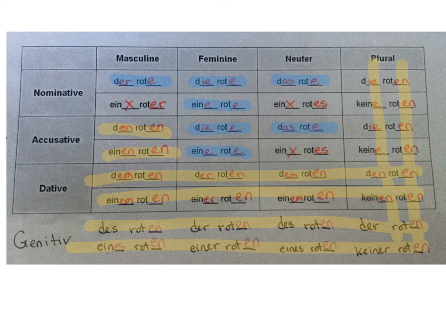If that ein has no ending, then it's masculine nominative, neuter nominative, or neuter accusative. So the neuter accusative and nominative would have the adjective end in es, and the masculine nominative after ein, your adjective would end in er. So those are your common adjective endings.